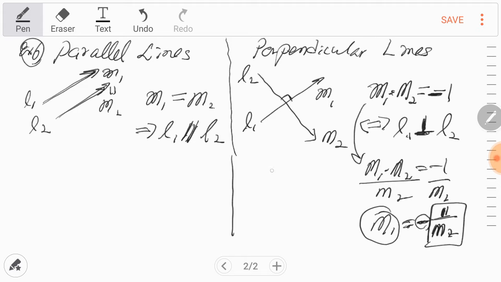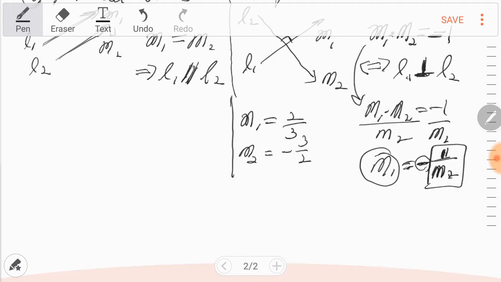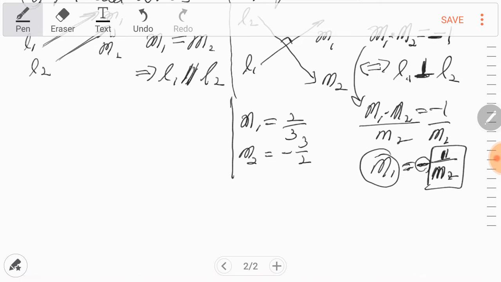Okay, for example, let's do an example of perpendicular lines. Let's say the slope of line 1 is 2/3, and the slope of the second line is -3/2. Then are these two lines parallel or perpendicular?